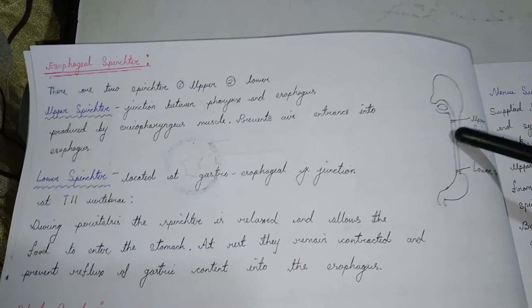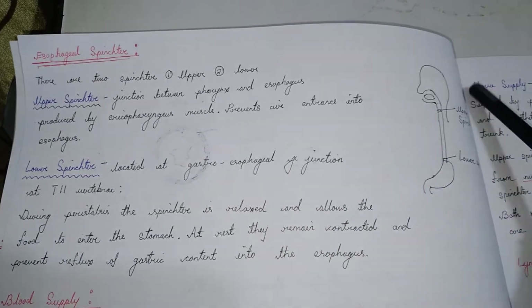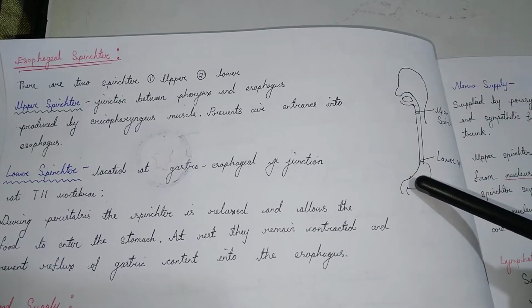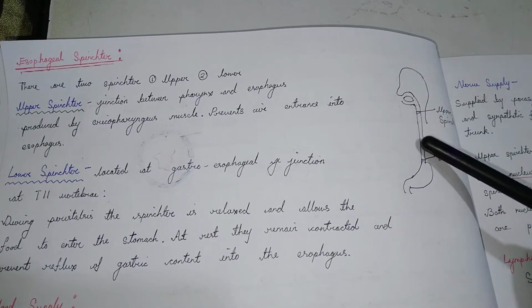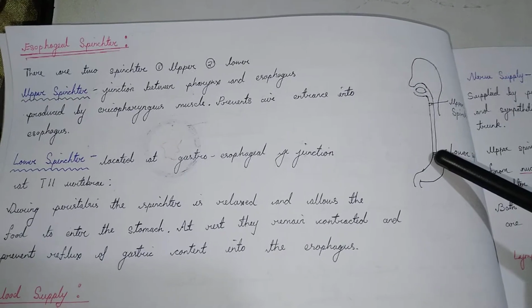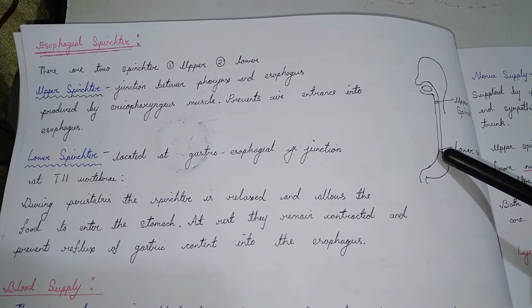The lower esophageal sphincter is present at the gastroesophageal junction. Gastro means the stomach, and the esophagus is this part. This junction is called the gastroesophageal junction, and it is at the level of the T11 vertebra.